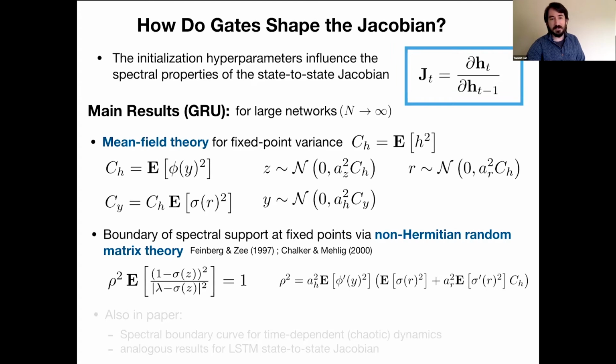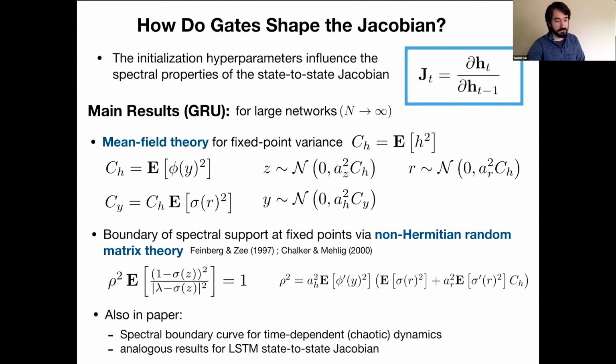These mean field equations are combined with some non-Hermitian random matrix theory to finally obtain a curve describing the boundary of the spectral support of the Jacobian. That equation is on the left here.